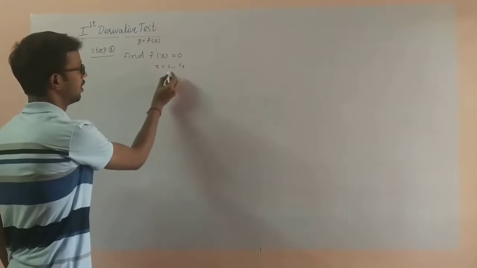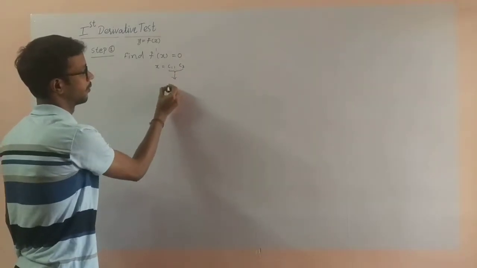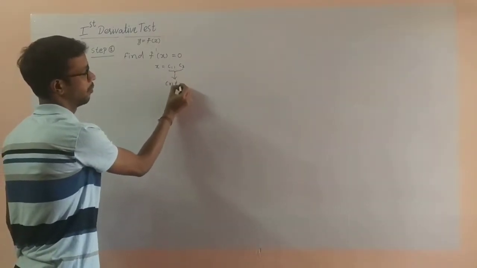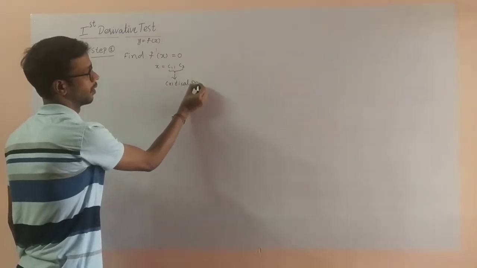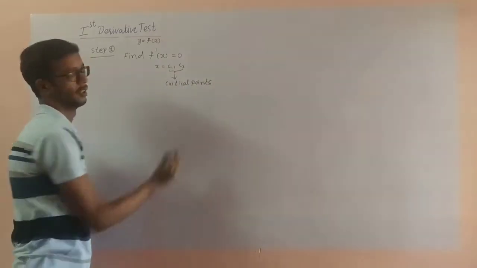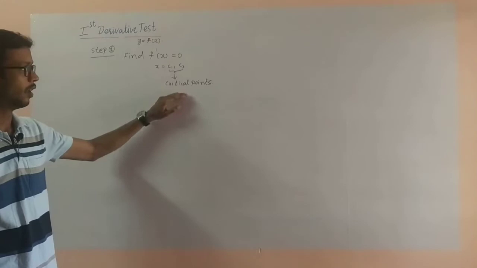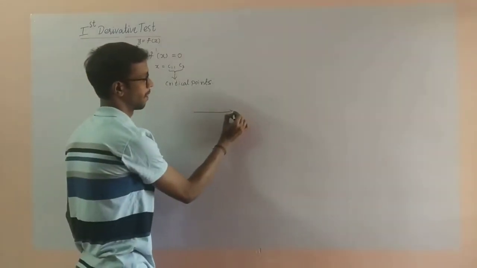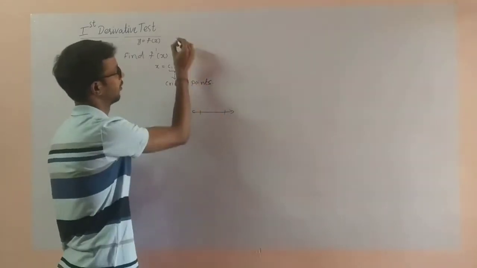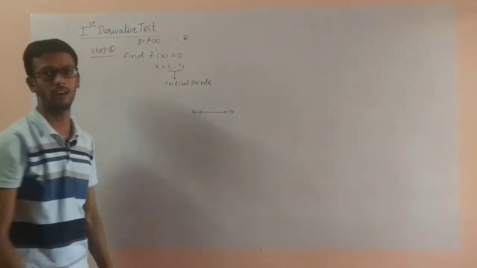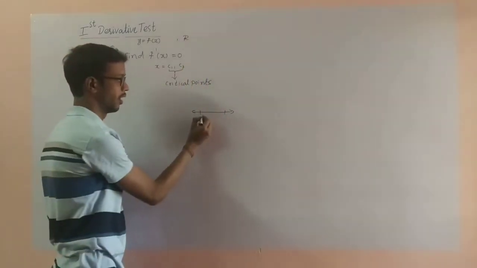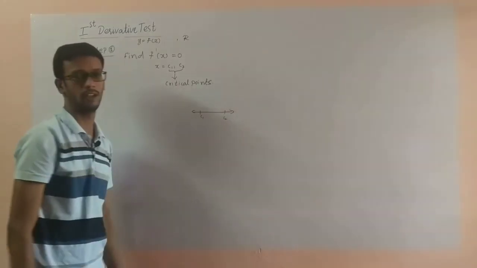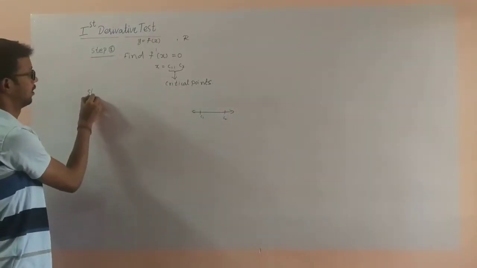Next, these points are called critical points. These critical points are plotted on the interval. Here the real line is the interval. So plot C1 and C2 on that interval. Next, step 2.